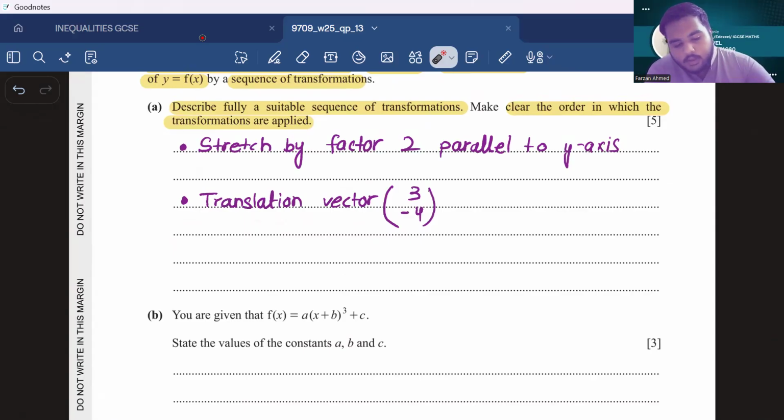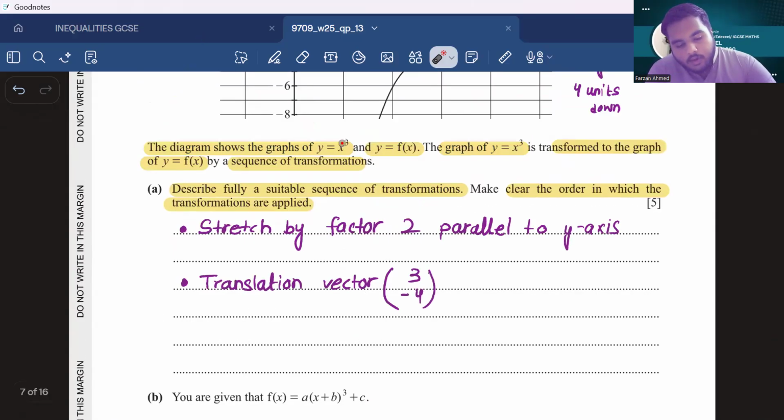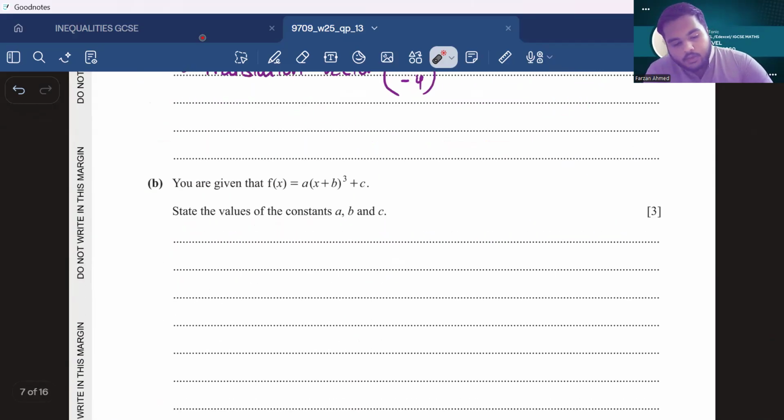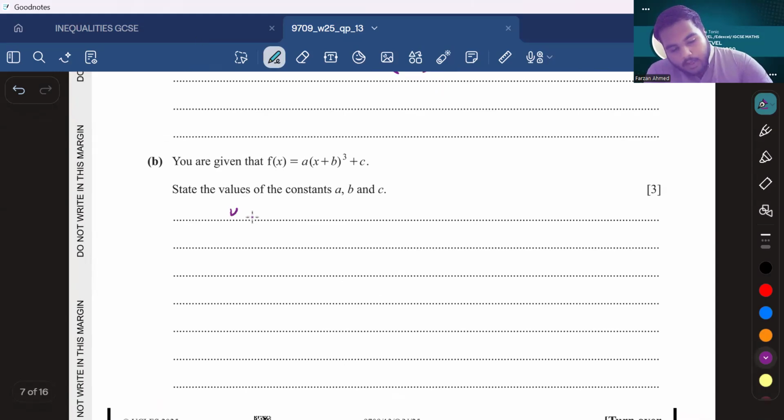How will we make the equation? Look here, we have a stretch factor of 2, and the original equation is y equals x cubed. So y equals the stretch factor multiplied by x cubed. So this will be 2x cubed.